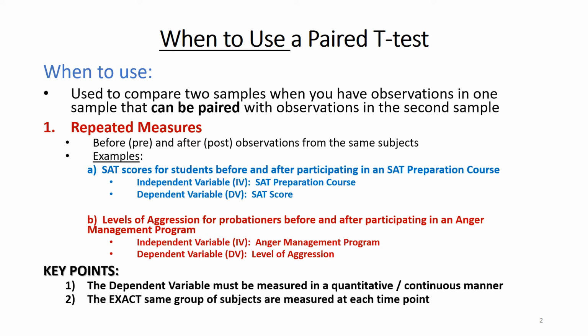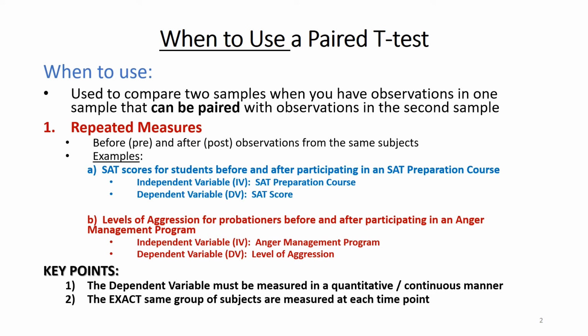So let's look at an example. The first example is here in blue. Imagine we had students who were in high school and were getting ready to take the SAT test before they sent out their college applications. Maybe they choose to enroll in some sort of SAT preparation course. Well, in order to see whether or not that SAT preparation course is effective, we might design a study where students come in and are measured on an SAT score as a pre-test.